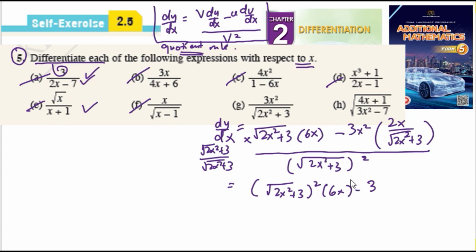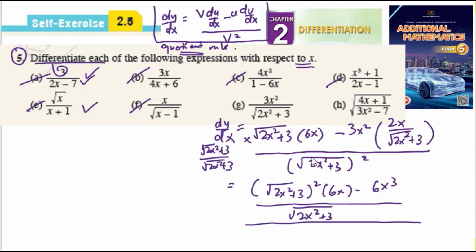You see here, negative 3x squared times 2x, you get negative 6x cubed, right? So you will need to divide with this one, the square root of 2x squared plus 3. The square root and the square can be cut off, so we have 2x squared plus 3 here.